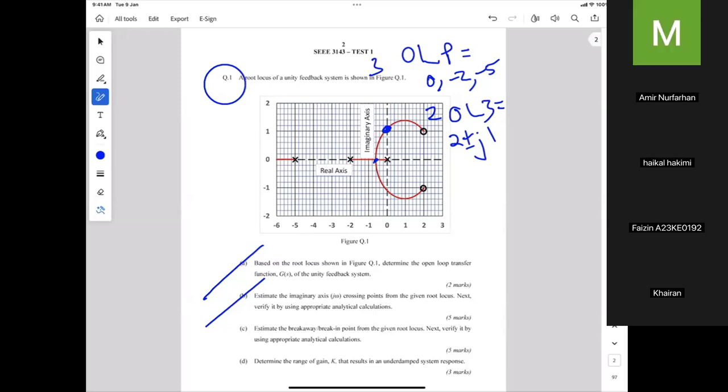Negative 0.6 estimate. Is it a break-in point or breakaway point? Breakaway point.